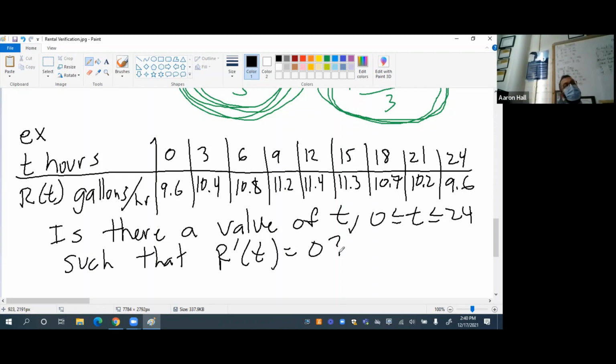Yes, no, maybe so. Is there a value of t in our interval from 0 to 24 such that r prime of t is equal to 0?